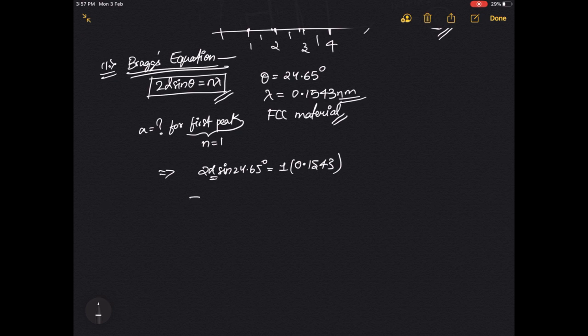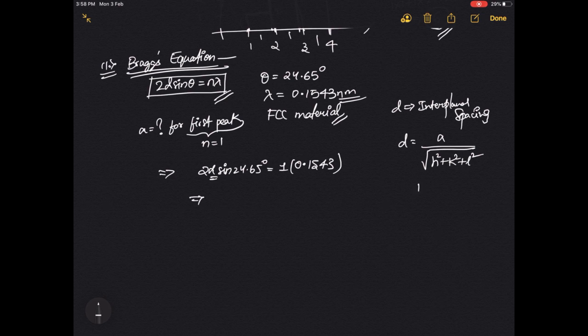One more thing, what is d here? d is the interplanar spacing, and we have a formula d equal to a by root of h square plus k square plus l square. Now, what is the first peak that we encounter in our FCC, or the plane that gives the first peak?